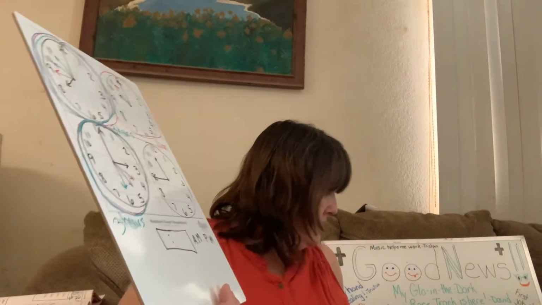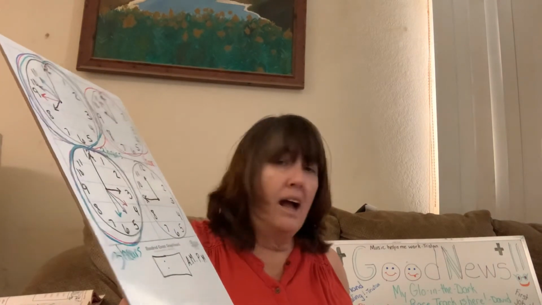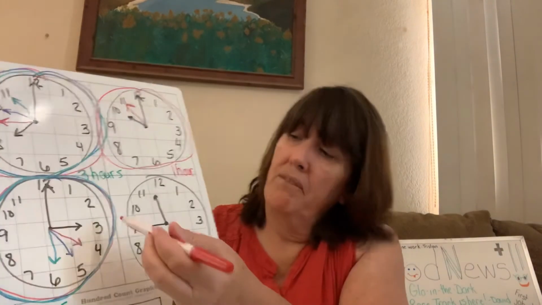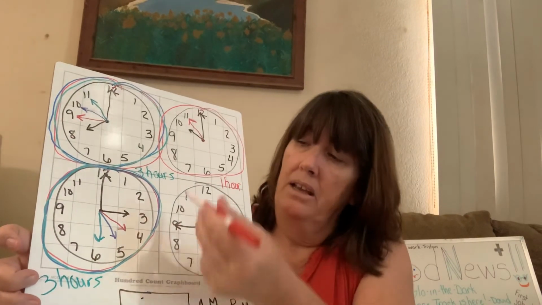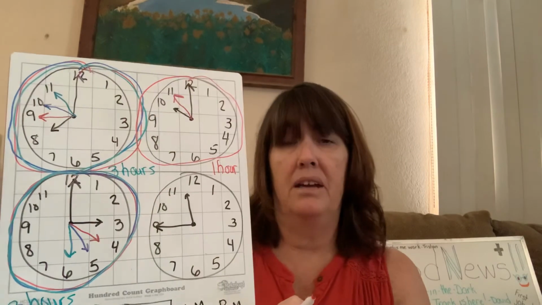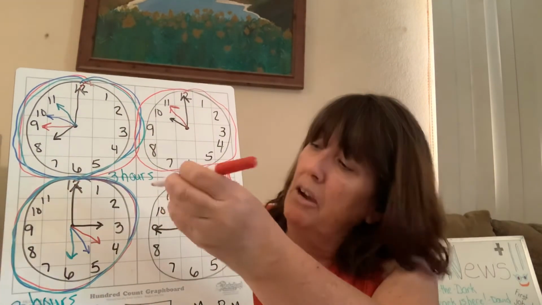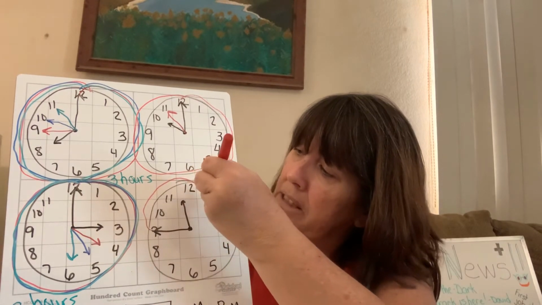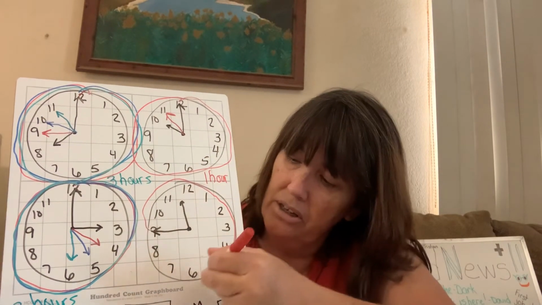Well, we don't have to be on the hour, right, to find out when he stops. So our minute hand is on the 9, which means we're at 45 minutes, right? And our hour hand is in between the 11 and the 12. Okay, that means we're still in the 11 o'clock hour. So we're going to go around once, right? We're starting at the 9 because that's when our hour starts.